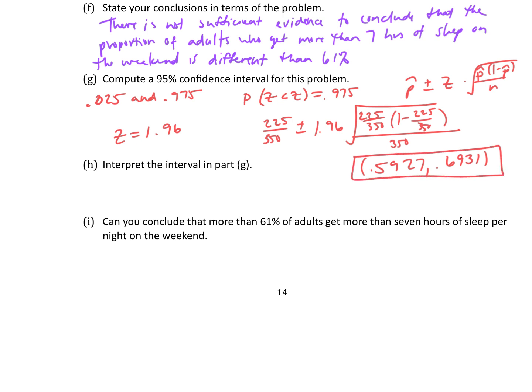Okay, interpreting your confidence interval: we are 95% confident that the true proportion of adults that get 7 hours of sleep per night on the weekend is between those two percentages.